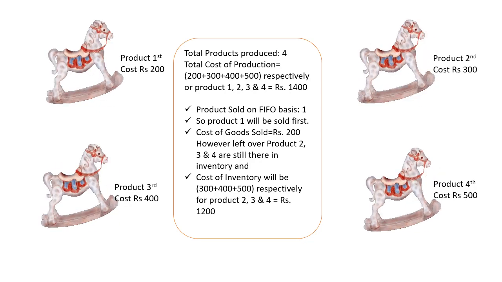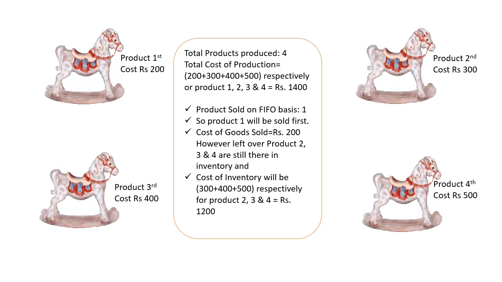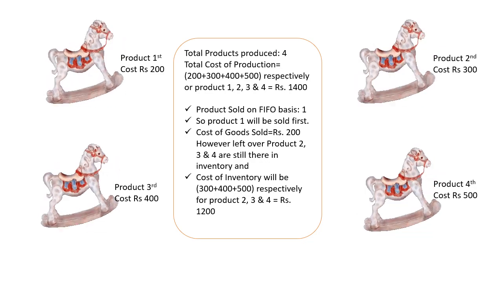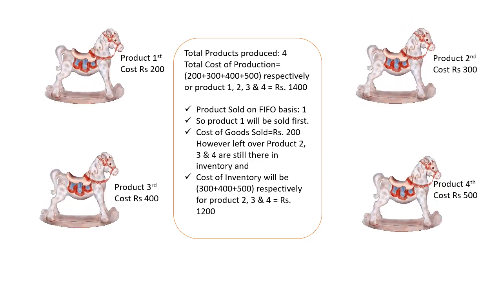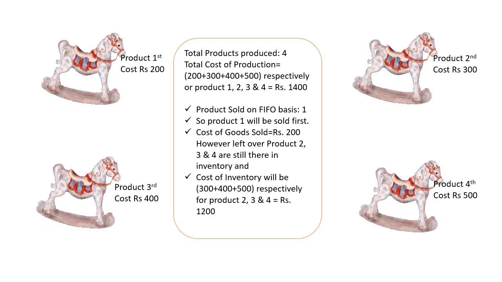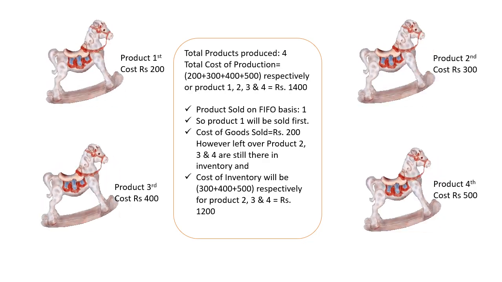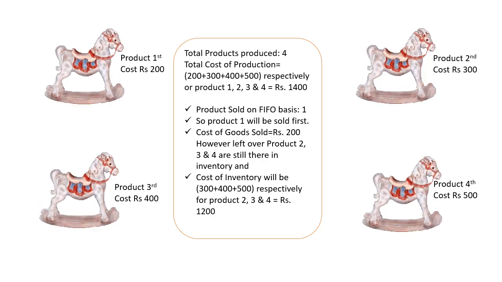Products sold on FIFO basis is 1. On the basis of FIFO, we will be selling product 1 first, so naturally the cost is rupees 200. Friends, the leftover products are 2, 3 and 4.